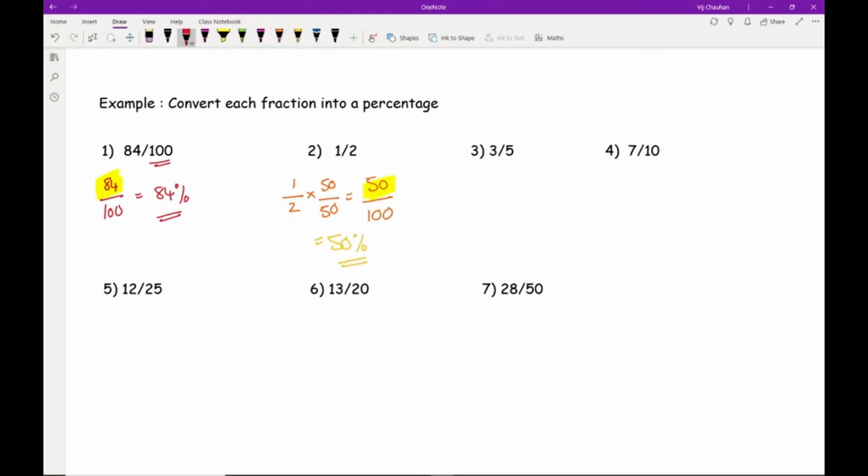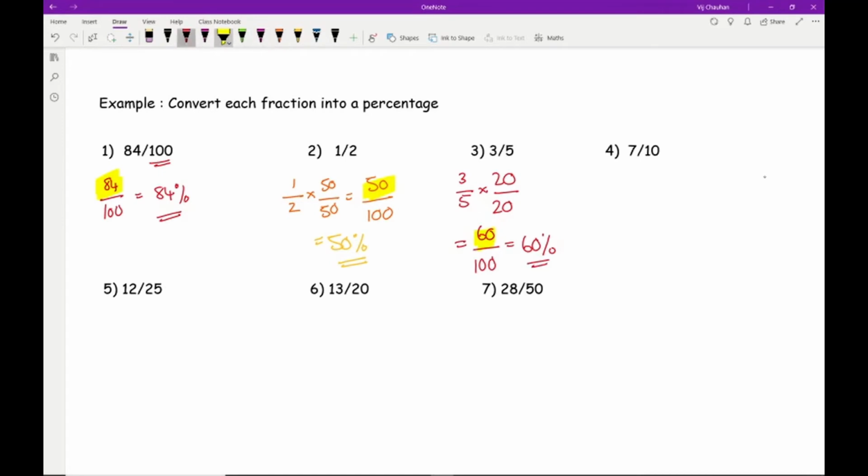And moving on to question 3, we've got 3 over 5. When you've got 5 as a denominator, we want to multiply both the top and the bottom by 20. And 3 times 20 is 60, and 5 times 20 is 100, giving us an answer of 60%. And again, as we've got it over 100, our answer is 60.